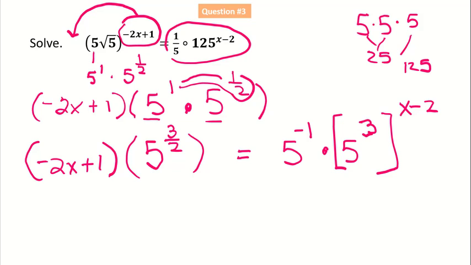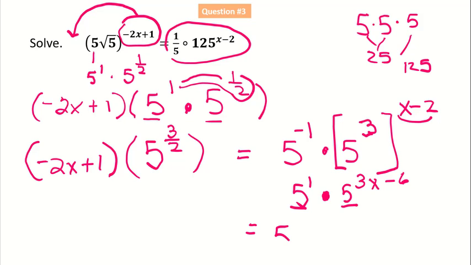When you raise a power to a power, you multiply those together. So this would be 5 to the first power times 5 to the 3x minus 6. When you have the same base and you're multiplying, now we're going to put these two together, you add the powers. So we're still working on that right side.